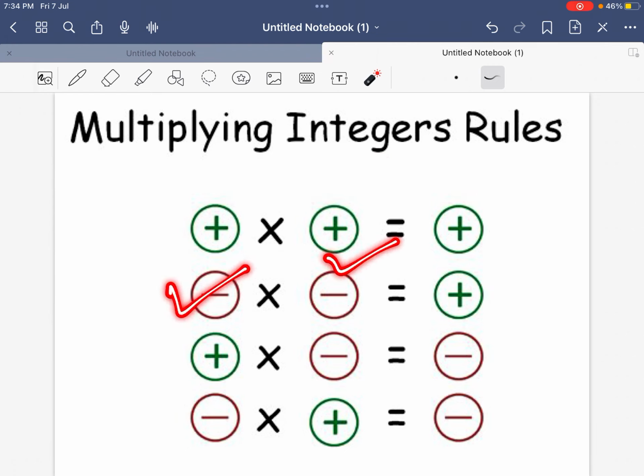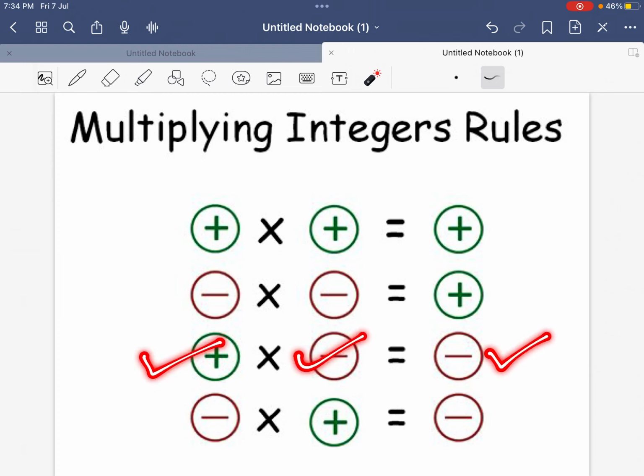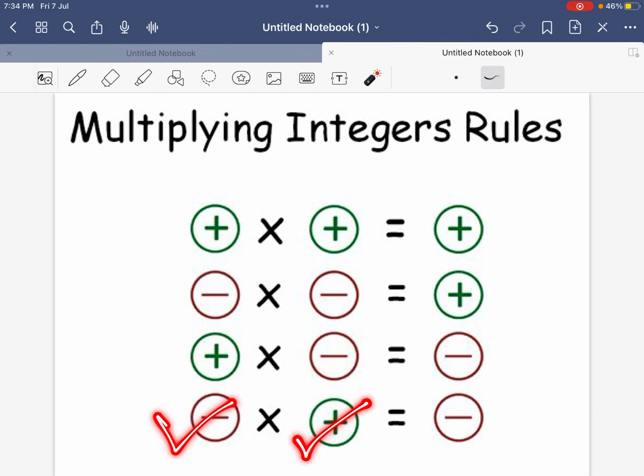If two numbers are negative, here negative into negative, your answer is positive. That we have to keep in mind. Next, positive into negative, your answer is negative. Third case, one is negative, the second one is positive, then your answer is also negative. So likewise we have to think about it and solve this.